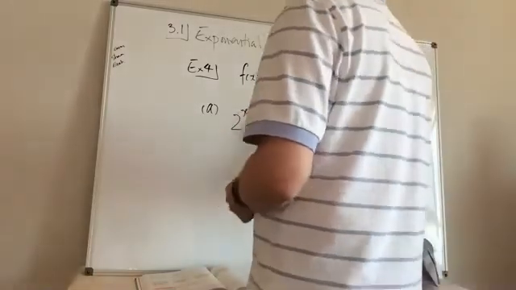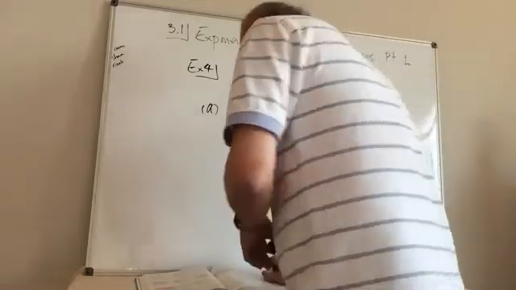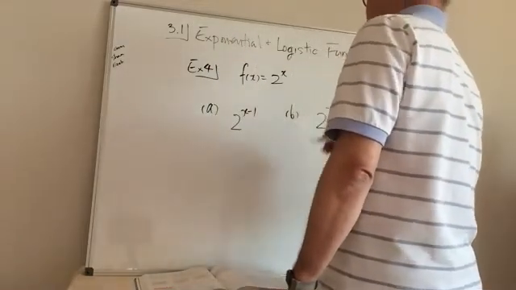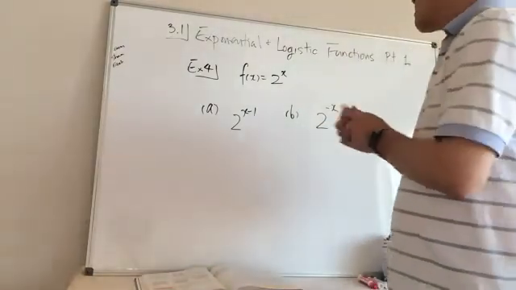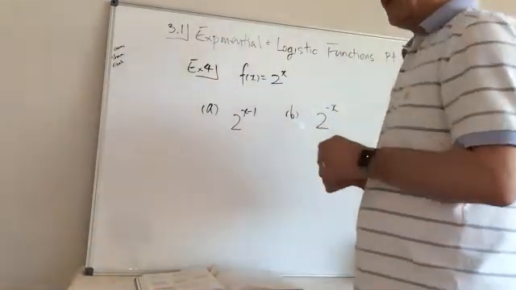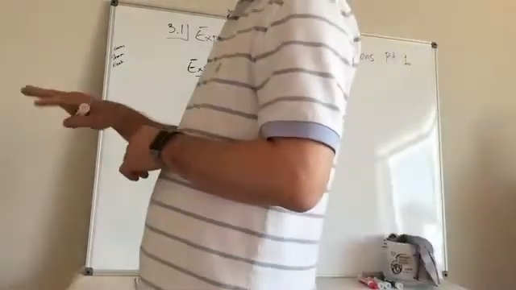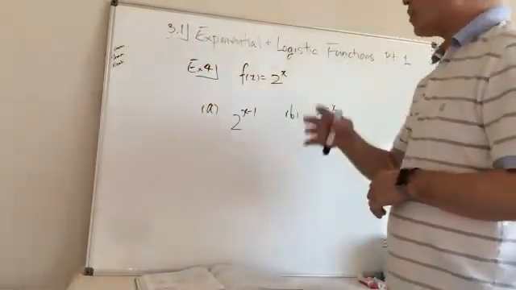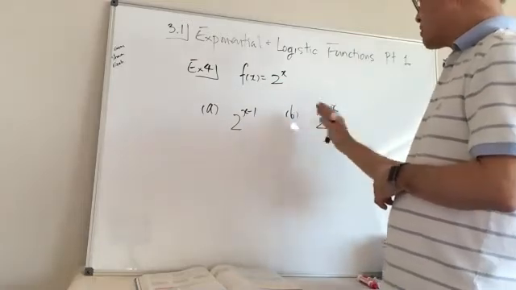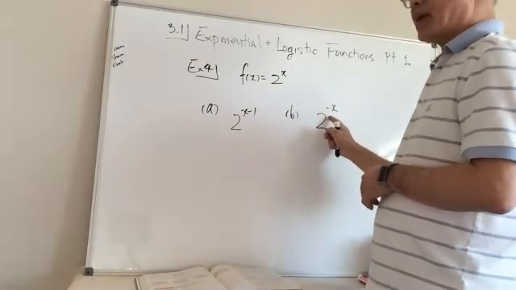That was good. B, we're going to have 2 to the minus x. So where x is, I'm putting the minus x in, okay? So this is a mirror or reflection across the y-axis, right? It's the y-axis because where x is, you change it to minus x.